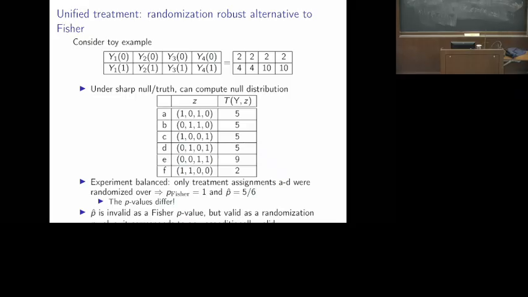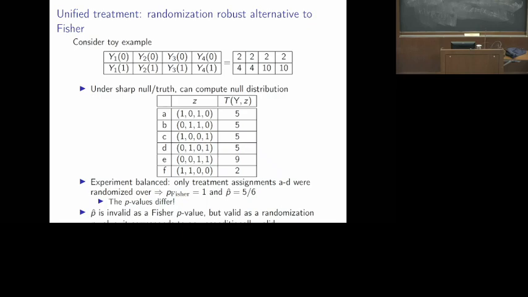And then I can run the permutation test. I'm not saying whether it's Fisher or randomization. And I can compute the value of the test statistic, right? 1, 0, 1, 0, that's 4 minus 2 plus 10 minus 2, divided by 4, by 2. And if all treatment assignments were equally likely, this would be my null distribution.